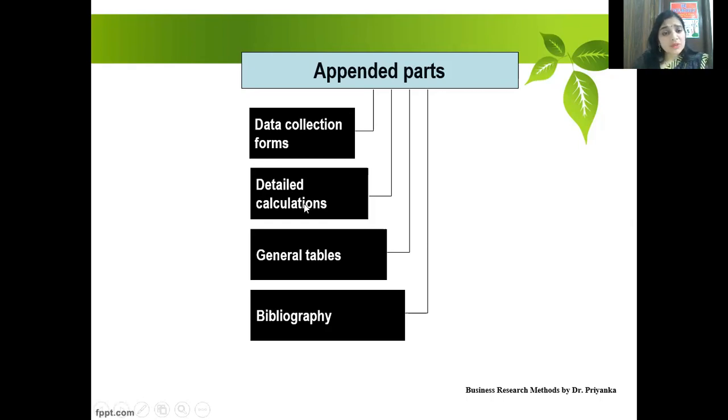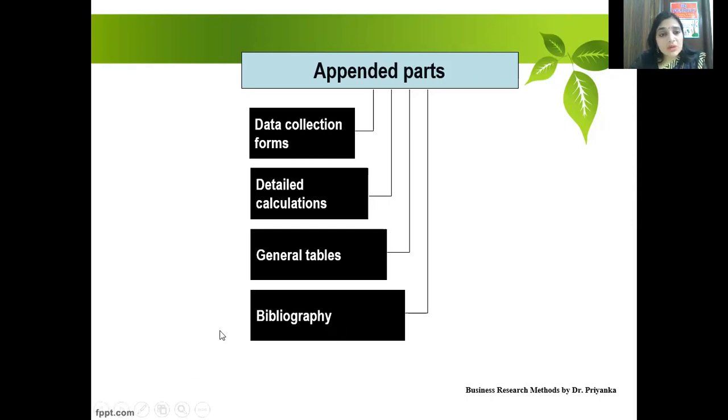For example, if you have actually developed a scale, and on which basis you have developed it. Or you have used some scales already developed as well, so they can also be mentioned in the last. And then some general tables related to your research report, which did not fit anywhere in between the report. These tables can also be provided in appended parts.